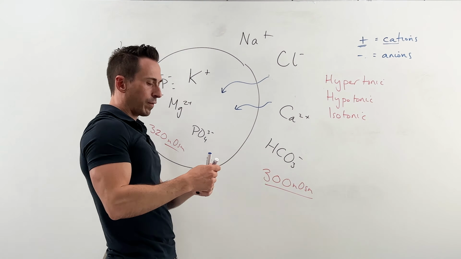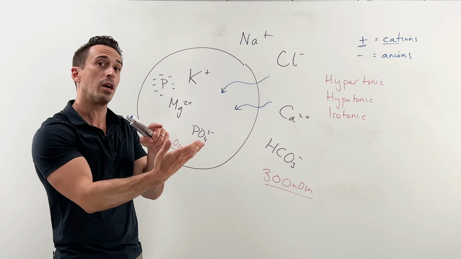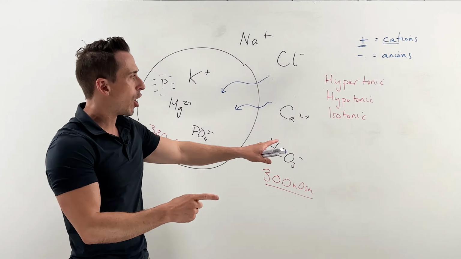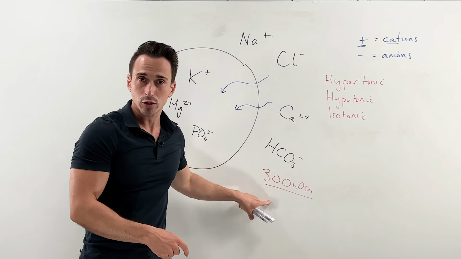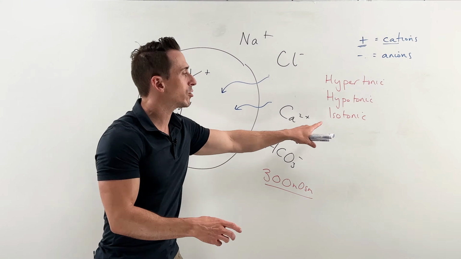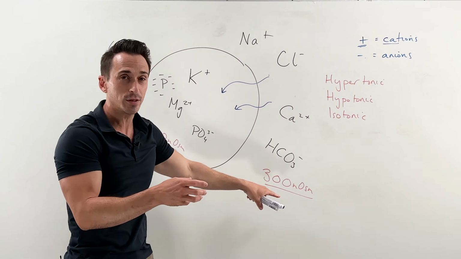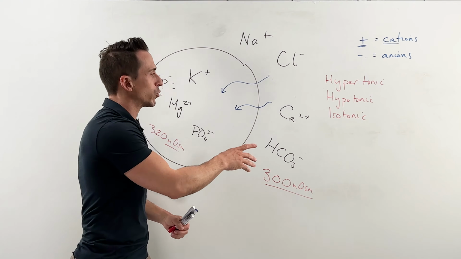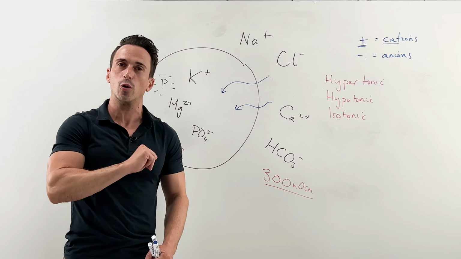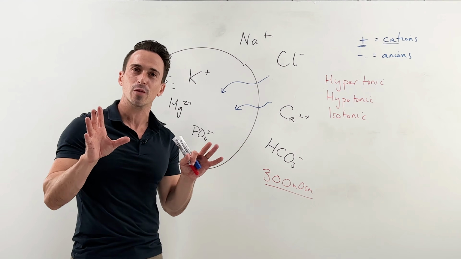If you read one of those electrolyte drinks, you might see that it says isotonic solution. That's saying iso means same. Tonic means the concentration in osmolarity. So it's saying that the drink is the same osmolarity or concentration of ions as your body, which is telling you that it's not going to influence the water going inside or outside of your cells at all. It's going to maintain your fluid balance inside and outside of your cells.